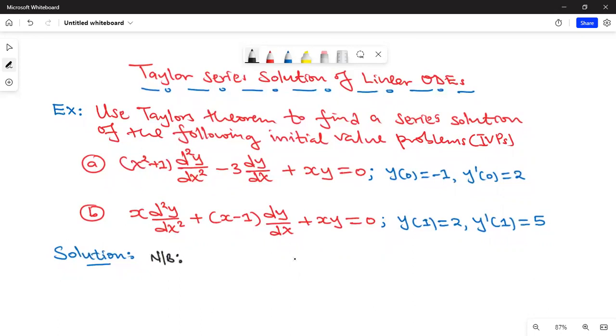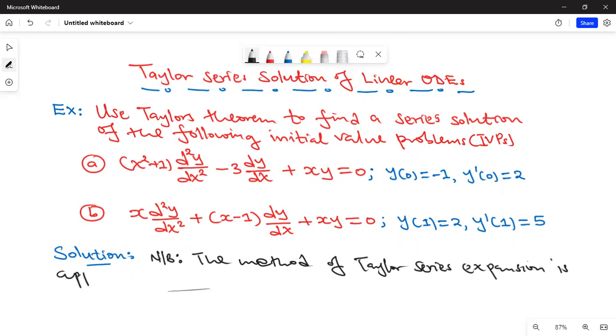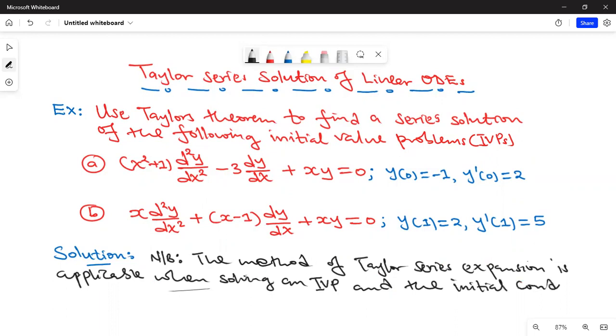So in the note you can write that the method of Taylor series expansion is applicable when solving an initial value problem, IVP, and the initial conditions are specified at an ordinary point.